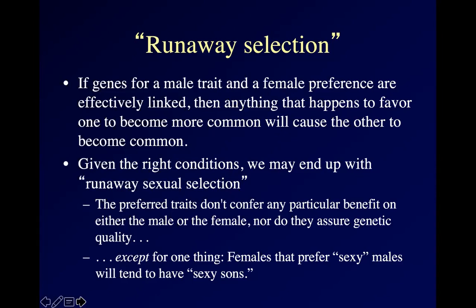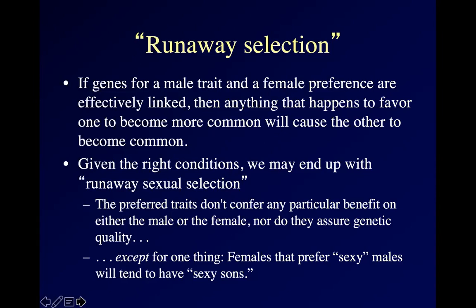And in this case, the traits do not do anything at all. There is no benefit that the female gets from fast versus slow antennal stroking. They're not markers of genetic quality. There's no major difference that I know of in fitness between fast and slow stroking male cucumber beetles.